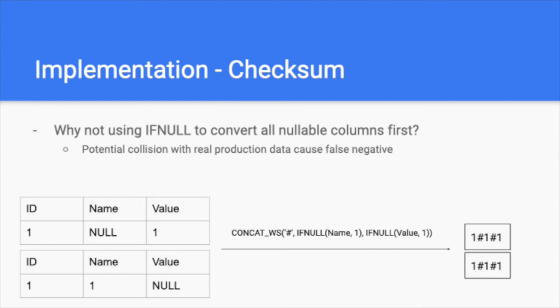Here's an example of how this wouldn't work if we used an IFNULL wrapper for the column. If you use 1 as the output to convert the null value, it might collide with an actual 1 value persisted in production. Whatever value you choose, there's always a chance that production data also contains this value, and you end up with a false negative situation.